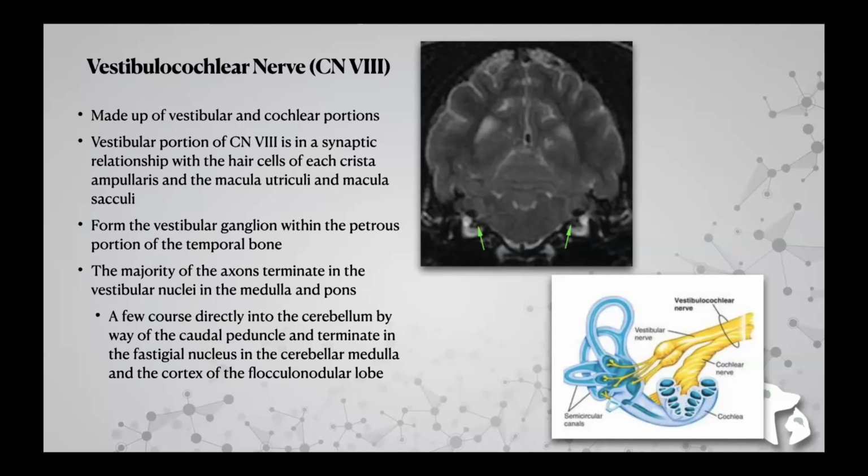So it can be very difficult in bilateral vestibular dysfunction to determine the true changes to those nerves. The lower picture is a schematic drawing of what's going on: the vestibular nerve in synaptic relationship with the crista ampullaris and both maculae, and the cochlear nerve in synaptic relationship with the cochlea, and as they join, they form the vestibulocochlear nerve.